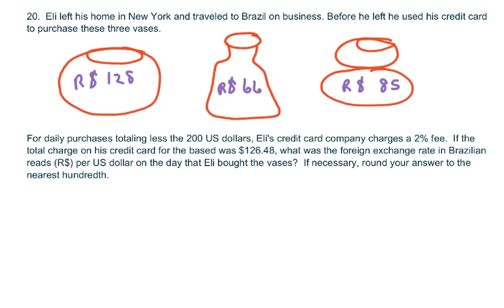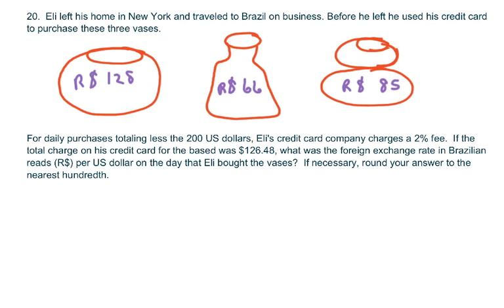The last one we have is about buying these vases. I'm sorry, I just kind of scribbled the vases on here, so I made them different. Read the problem. This is what Eli paid for.